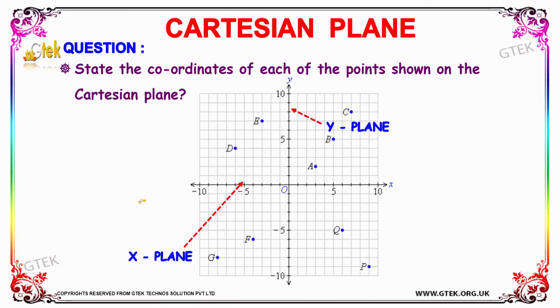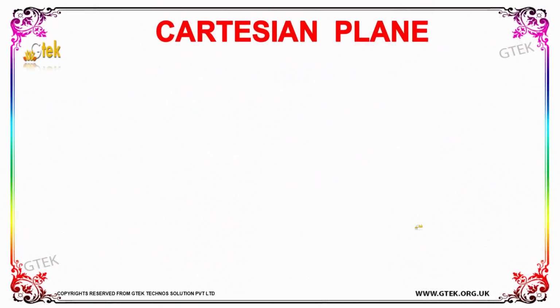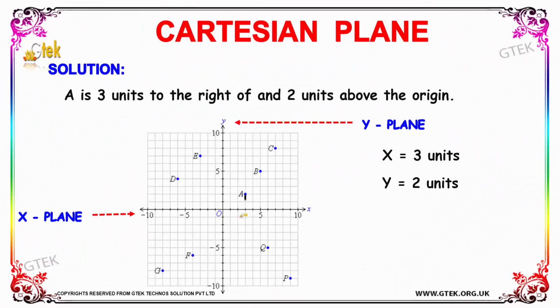Now let's solve some questions on the coordinates of each of the points as shown in the Cartesian plane. Let us observe this and try to solve for the coordinates. Let's go with the first point, that is A. In this Cartesian plane, A is 3 units to the right of and 2 units above the origin.